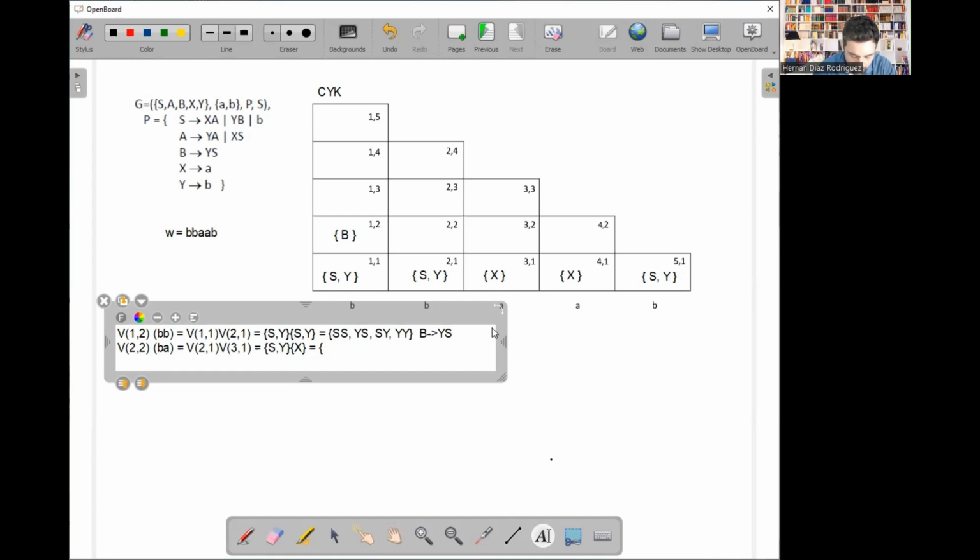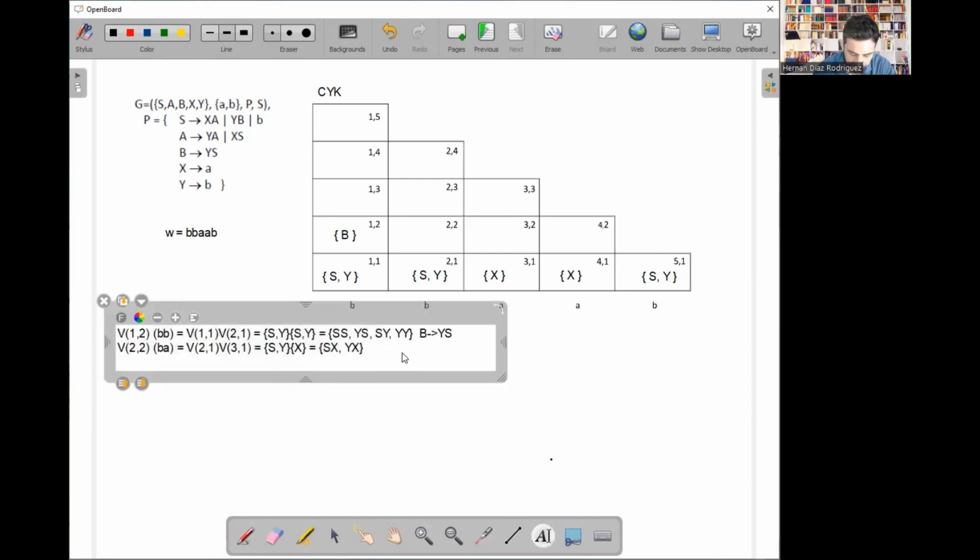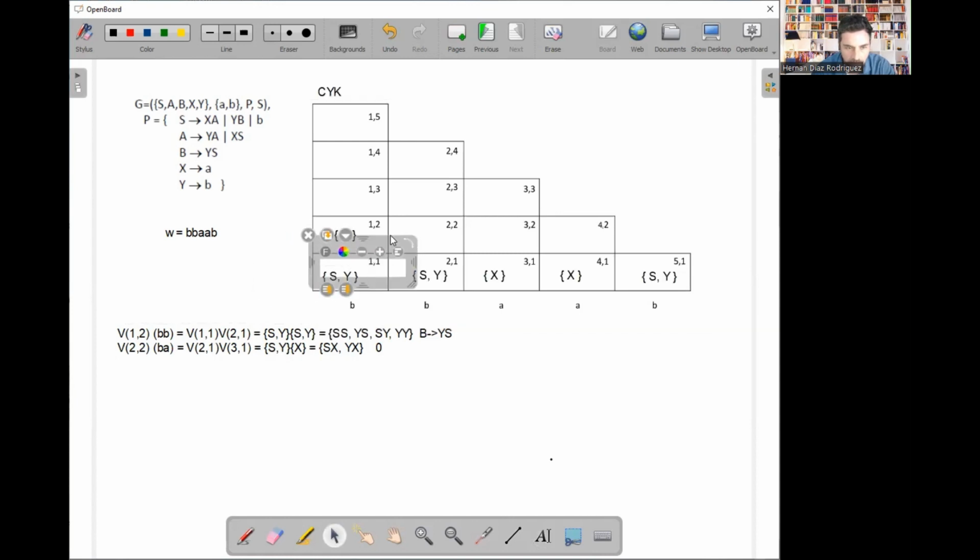And the possible combinations are SX or YX. Now, if we go to the grammar, we can see how there is no variable that produces any of these chains, right? The most similar that we have is XS, but it is not the same. It has to be in the same order. So in this case, this will be empty because there is no variable that produces that chain.